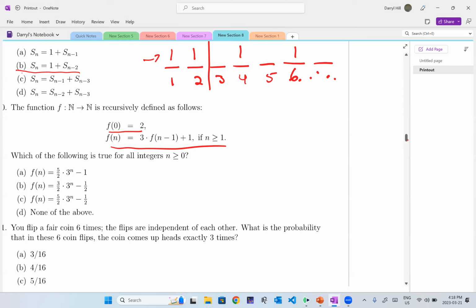So f of 0 for A is equal to 5/2 times 3 to the power 0, which is 1, minus 1. So this is basically 3/2. And I need f of 0 to be equal to 2, so I can rule out A right away. Okay, so this is not the answer.